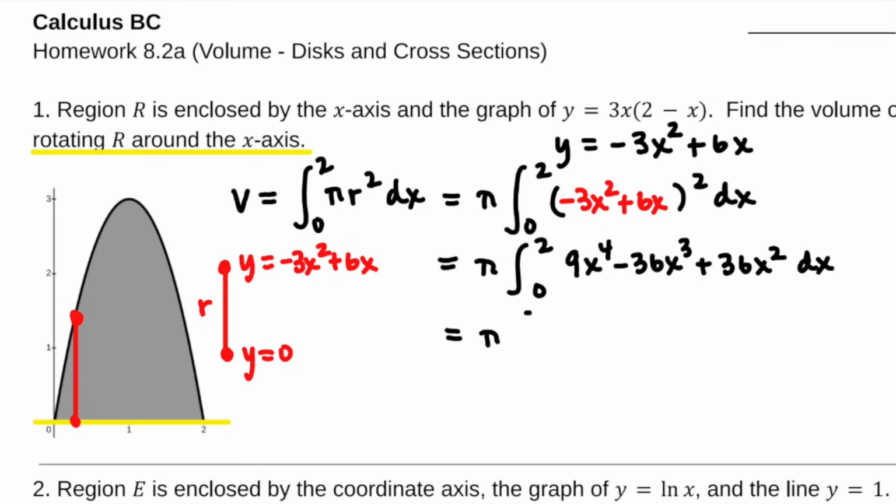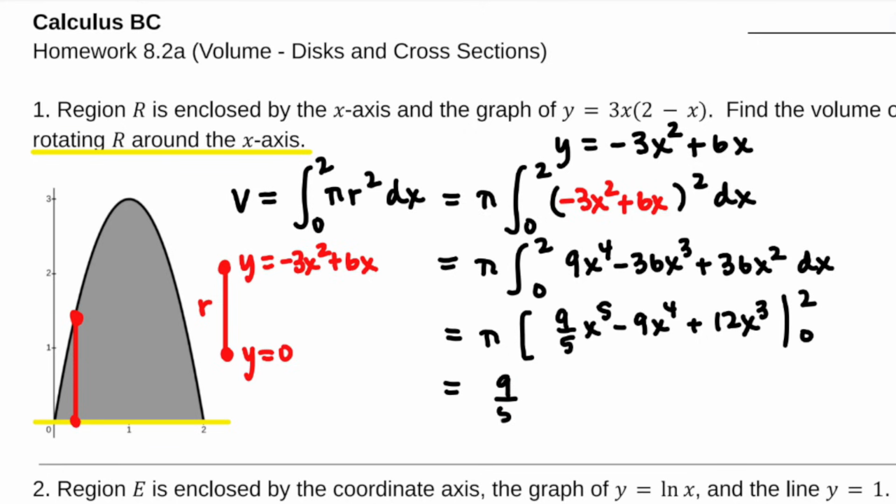So this is going to be pi times 9 over 5 x to the 5 minus 9x to the 4, plus 12x to the 3, as x goes from 0 to 2. Okay, so this would be 2 to the 5 is 32 times 9.